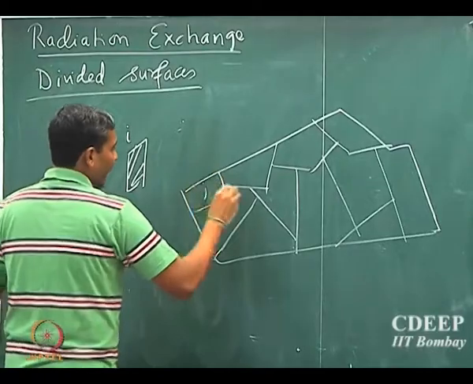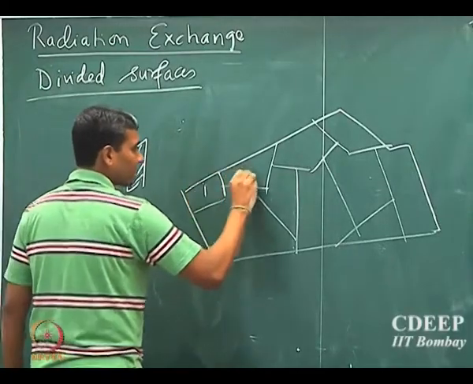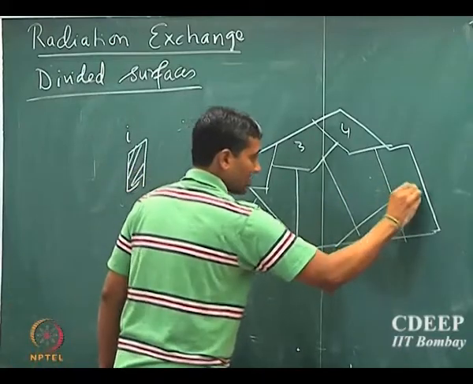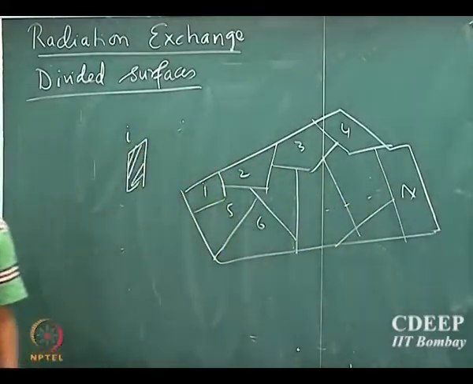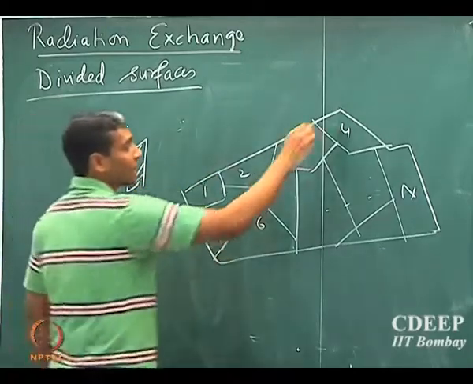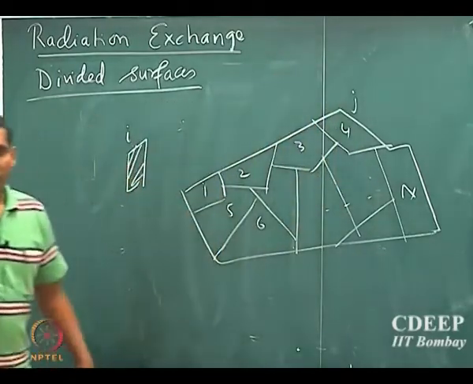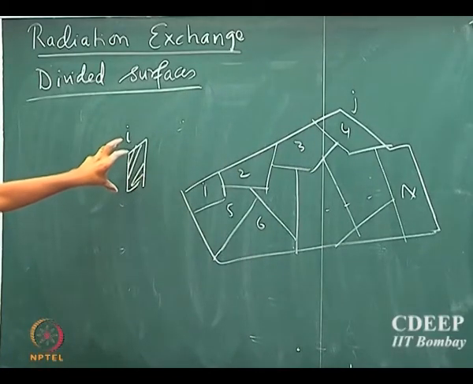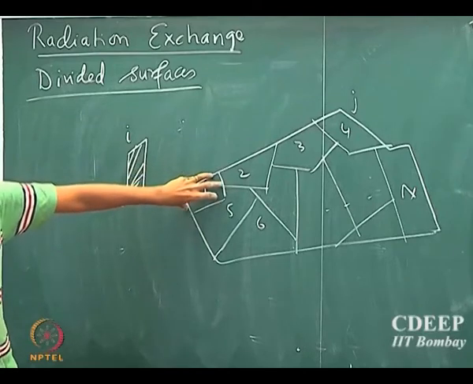And so you want to now calculate the view factors for individual exchange between these fractions of the surface. So the overall surface is, let's say, called J, and you want to know what is the view factor for radiation exchange between surface I and the individual surface.